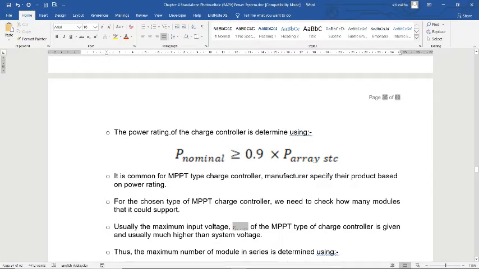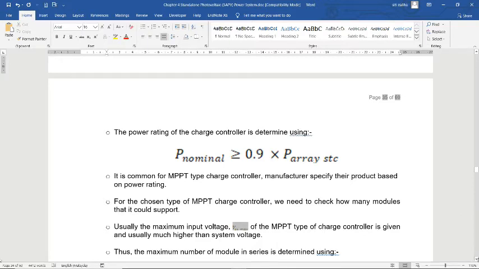So the power rating of the charge controller, to determine the power rating, you multiply the P array STC with 0.9. So your P nominal should be greater than 0.9 multiplied with P array STC. Okay. This is also a safety factor 0.9.